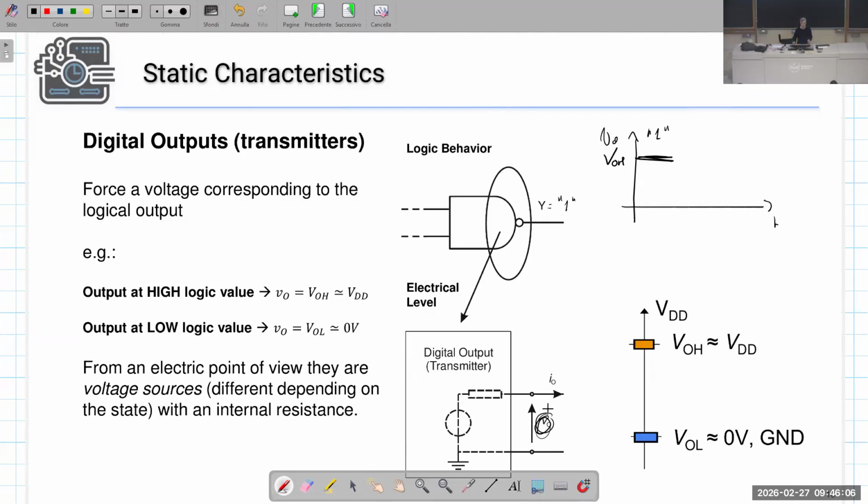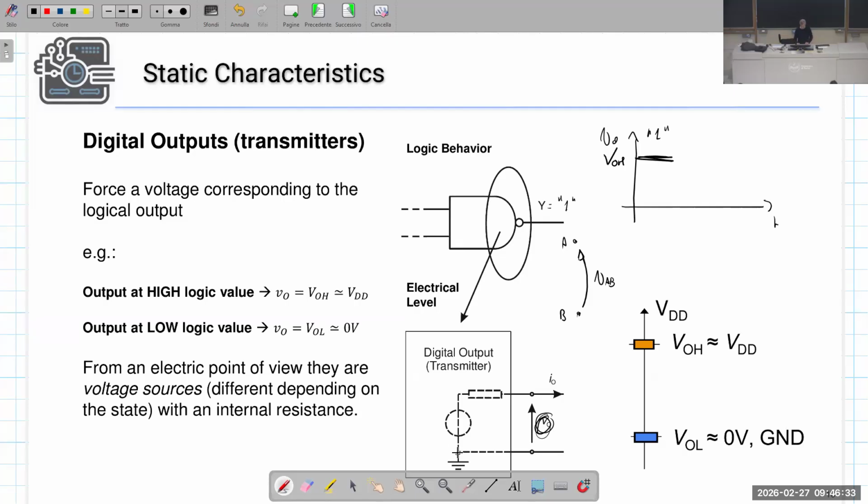Similarly, so this output voltage VO, by the way, maybe it could be useful to recall this concept. When we are dealing with electronic circuits, and in particular with digital electronic circuits, output voltages are, from physics and from circuit theory, the voltage is the difference of electric potential between two nodes, A and B. This is how the voltage is defined.